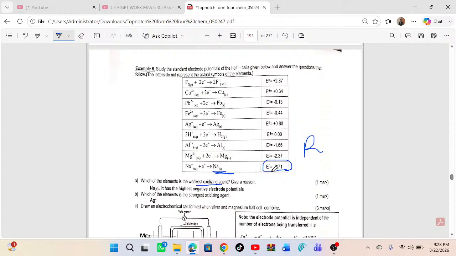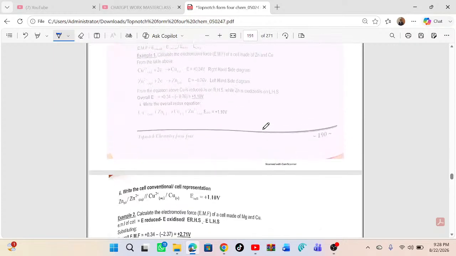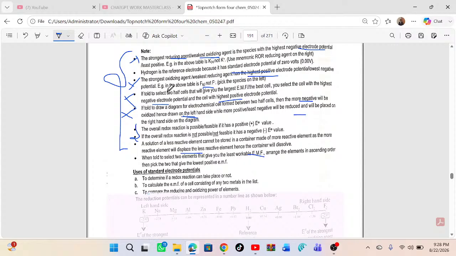Then, which of the elements is the strongest oxidizing agent? The strongest oxidizing agent tunachukua the most positive. Turudi hapa. The strongest oxidizing agent is the weakest reducing agent.